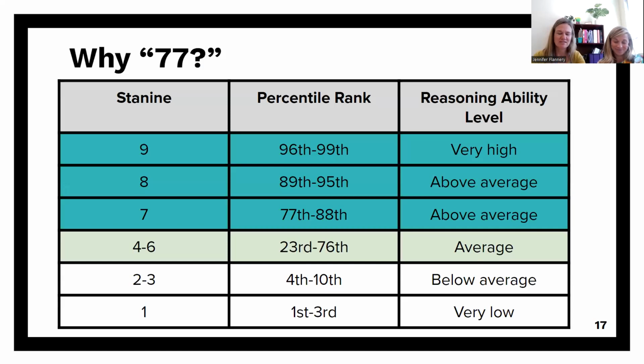So why the 77? In order to capture all of the 7th, 8th, and 9th stanines, which are the students that are showing above average performance, this allows the students to demonstrate gifted traits and abilities in another way to create a comprehensive learner profile.